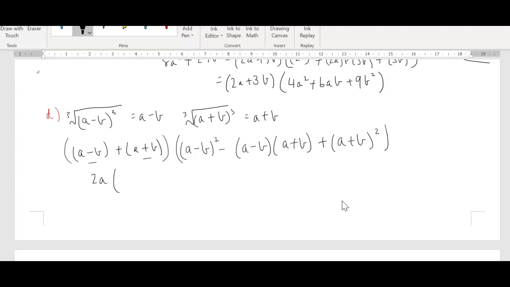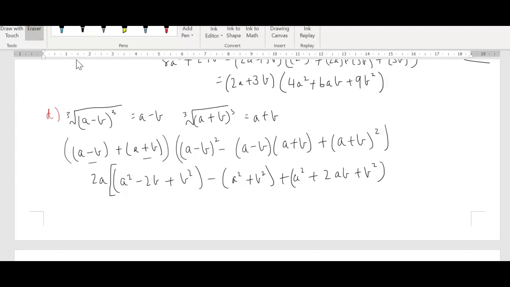Then a minus b squared becomes a squared minus 2ab plus b squared. Then I should probably put square brackets around here. A minus b times a plus b just becomes a squared plus b squared. And then a plus b squared becomes a squared plus 2ab plus b squared.